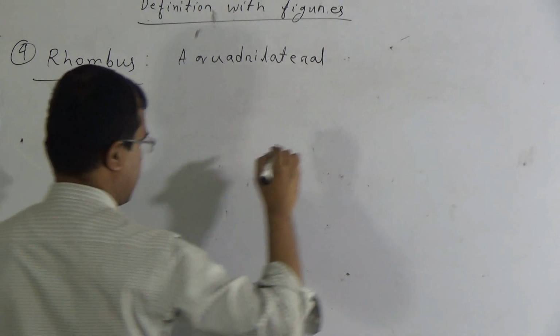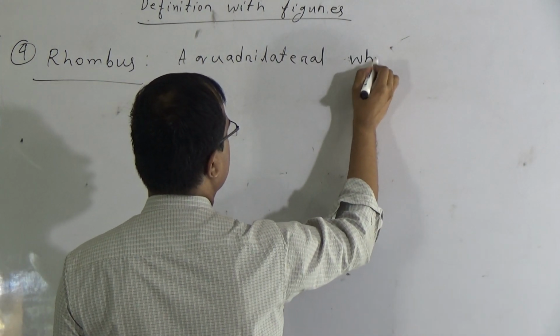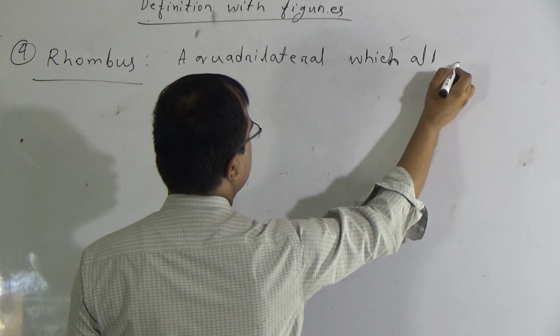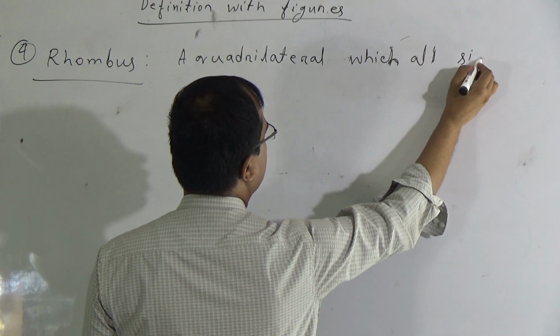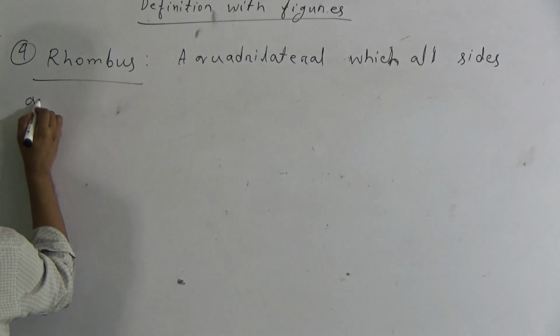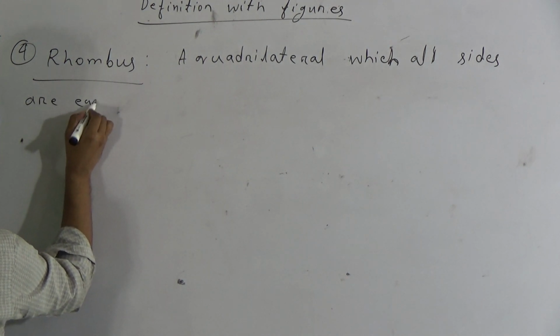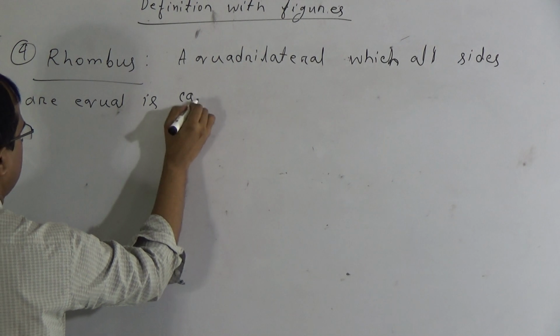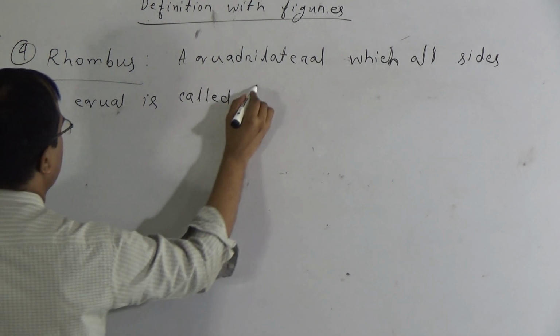A quadrilateral whose all sides are equal is called a rhombus.